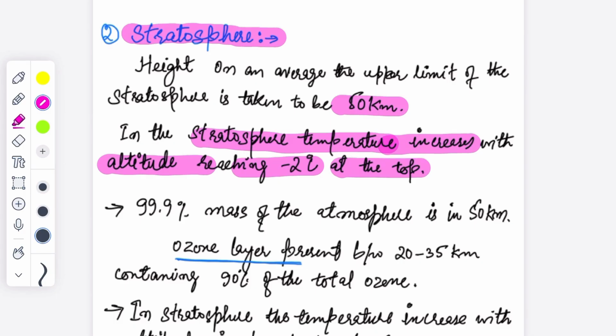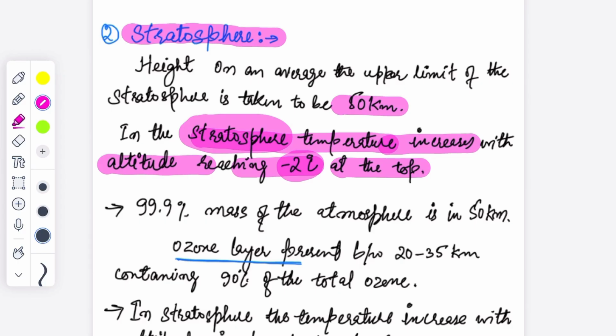So the temperature profile of the troposphere was decreasing. Now in the stratosphere we have a temperature increasing trend. At the top of the troposphere we had a temperature of -50 degrees Celsius. Now it starts increasing, and we have got a temperature of -2 degrees Celsius at the top of the stratosphere.